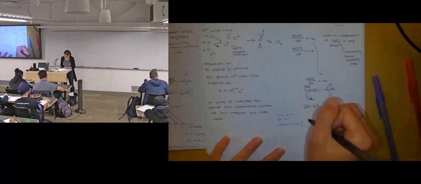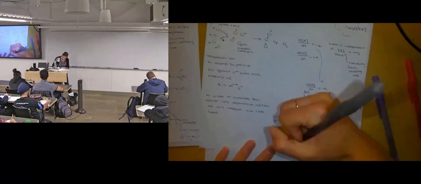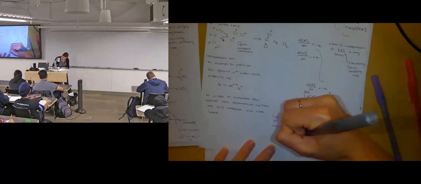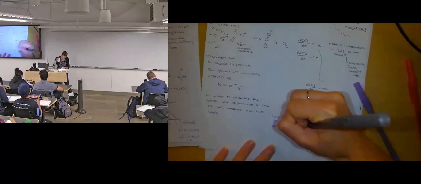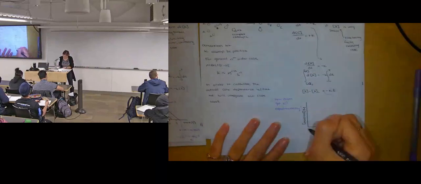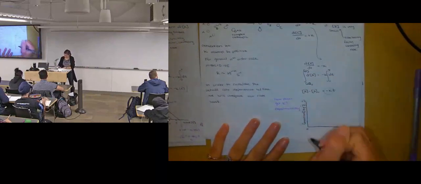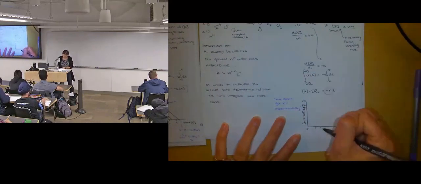So if we plot for our zero order reaction, we'll do time in seconds on the x-axis, and let's put reactant in molar on the y. In this case, we're talking specifically about A. This could be 1 molar, 1, 2, 3 cycles.